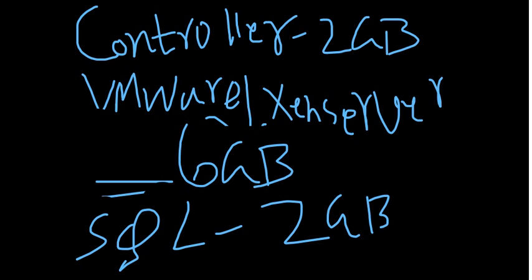Active Directory has to be Active Directory. Don't install SQL or controller or any other roles on it. Let the AD be separate, and all the other machines should connect to this AD server to authenticate or to be part of the domain.